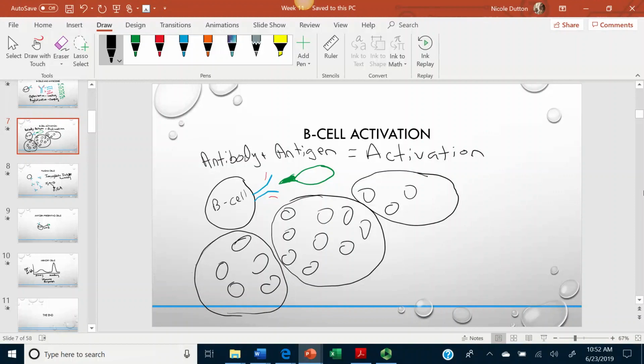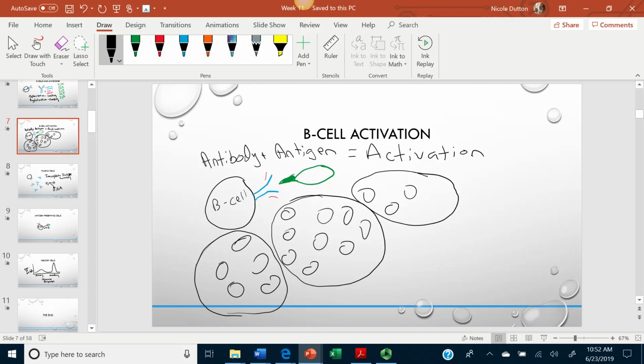So now we're going to talk about B cell activation. The B cell has an antibody on the surface. When that antibody recognizes the antigen, whether it be on an antigen presenting cell, on the actual pathogen itself, or on an infected self cell, the antibody is going to bind to the antigen, and that's going to activate this B cell.